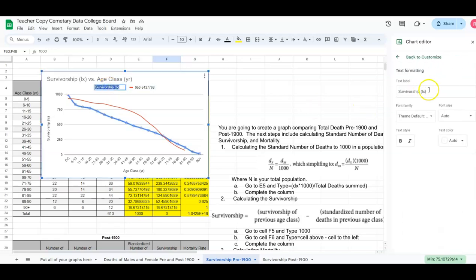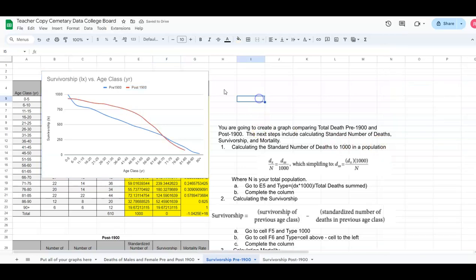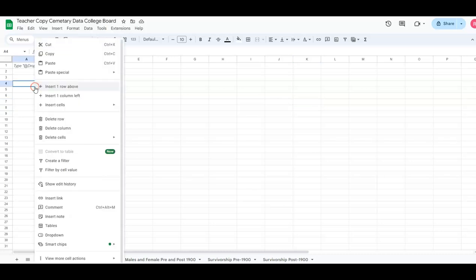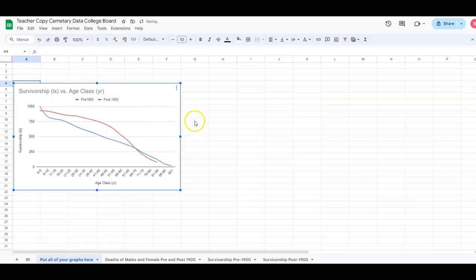I want to change this to pre-1900, and then I want to change this one to post-1900. Enter. And there's my graph. Now what I want to do next is click on it, get these 3 dots, click copy chart, and I want to put my graph here, because both of my graphs are what I'm going to grade.